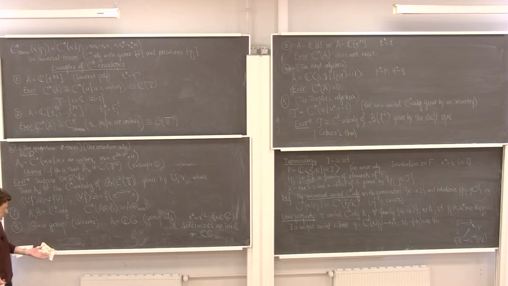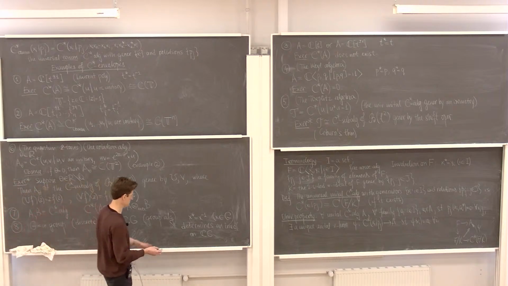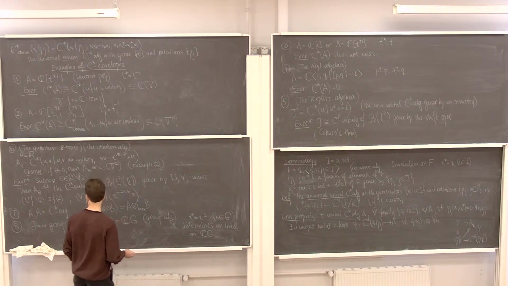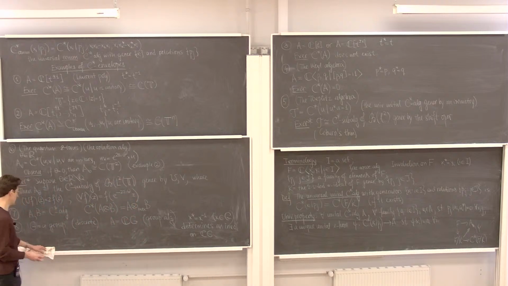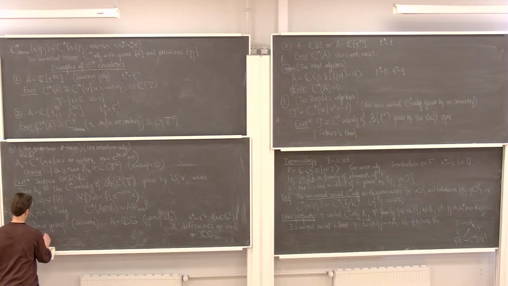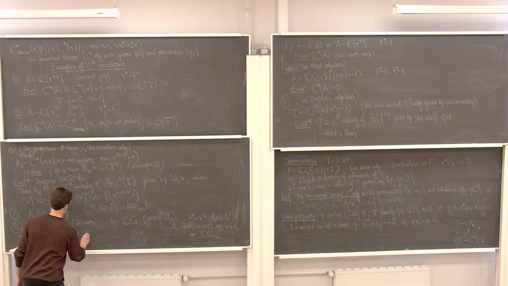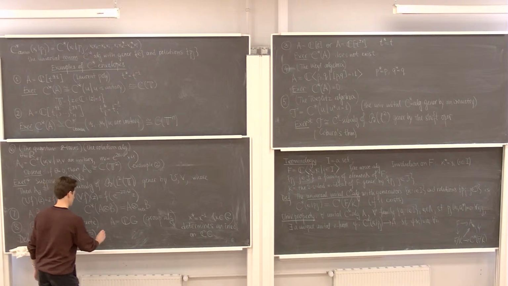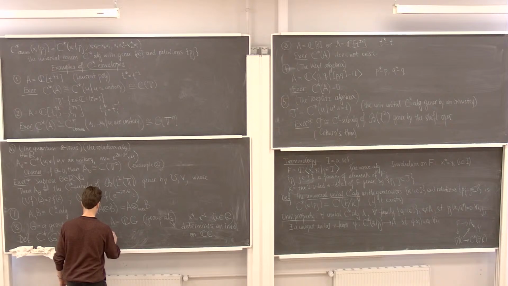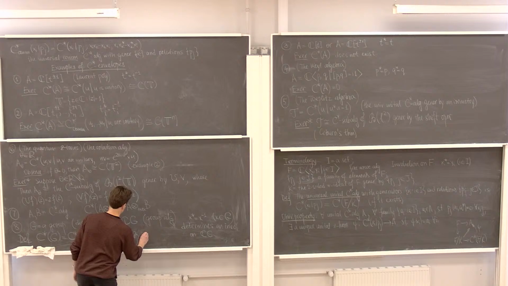The C-star envelope exists, again, because the generators are unitary. And the C-star envelope is called the full group C-star algebra of G, and it is denoted by C-star of G.